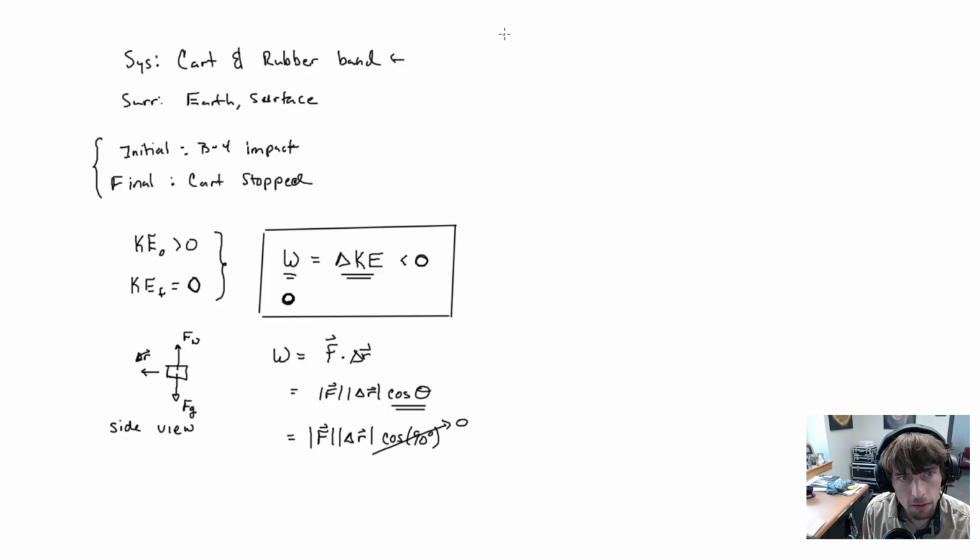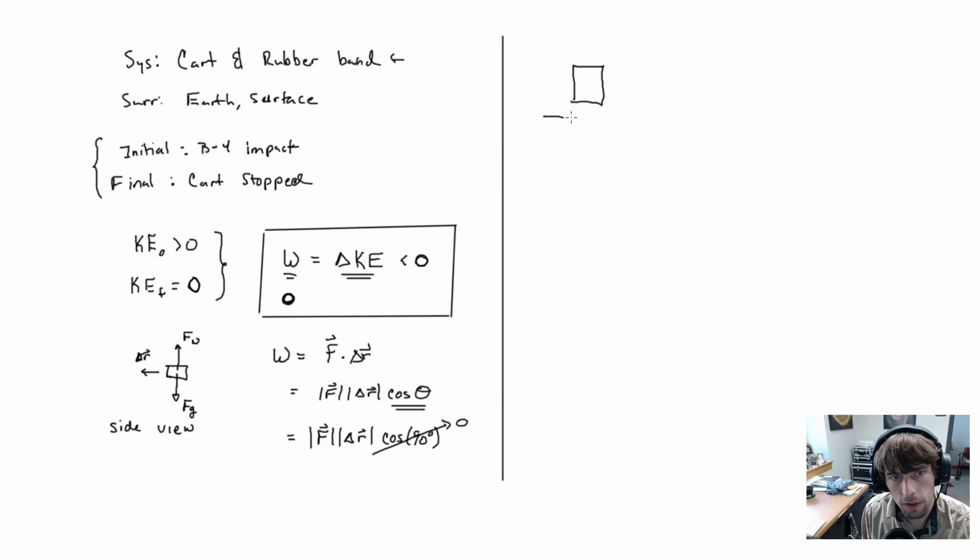What do I mean by that? Well, for example, if we wanted to actually consider it as a single object, the cart, and I'm going to use the overhead view here. If we wanted to think about the cart and the rubber band, if we wanted to model it as a single point mass, okay, where should we locate it?